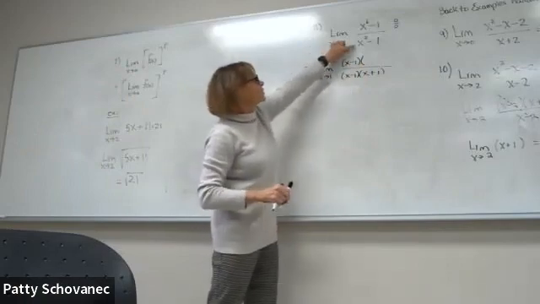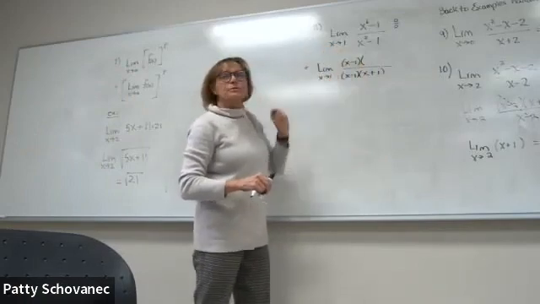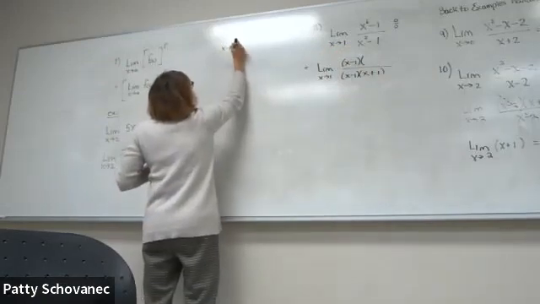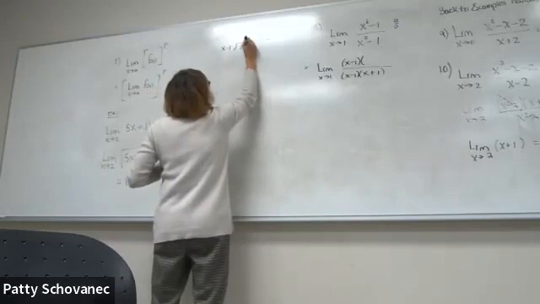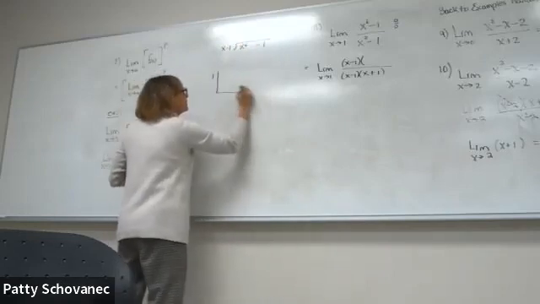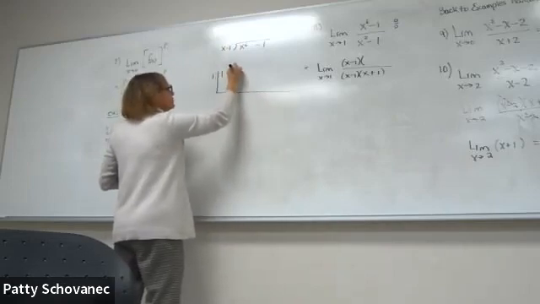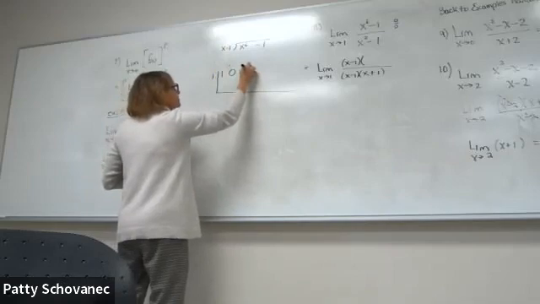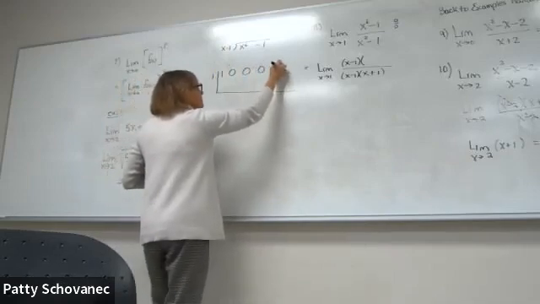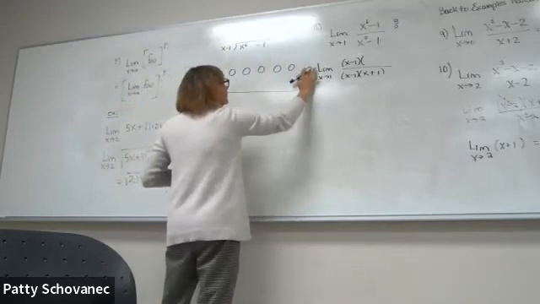I can divide by x squared minus 1, but not with synthetic division. I'm going to divide by x minus 1. So we're going to put the 1 out here, and write 1x to the 6th, 0x to the 5th, 0x to the 4th, 0x to the 3rd, 0x squared, 0x, and now the minus 1.